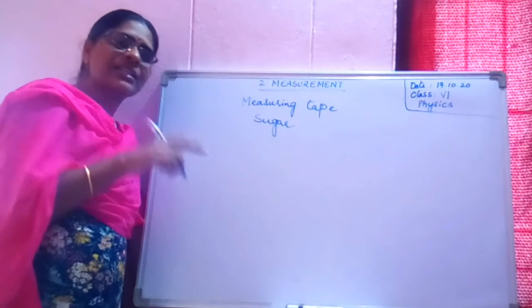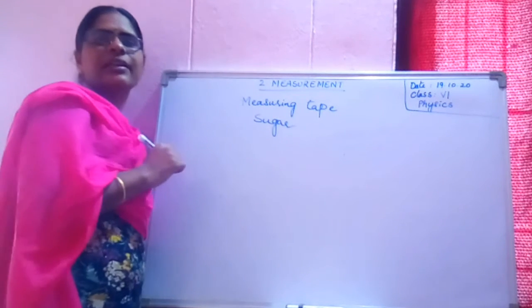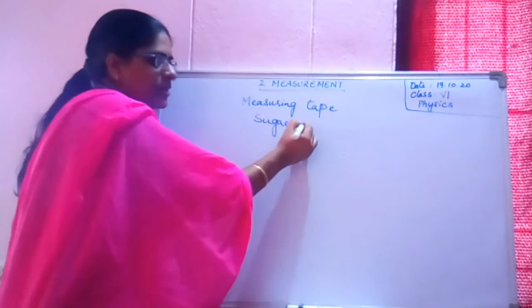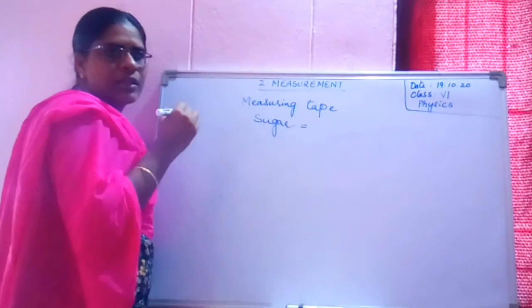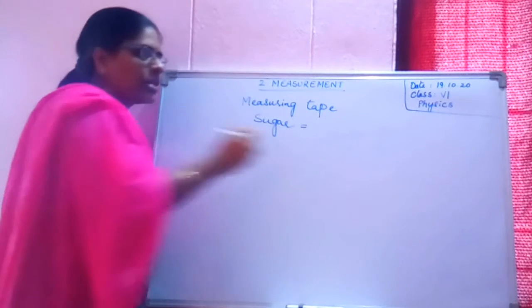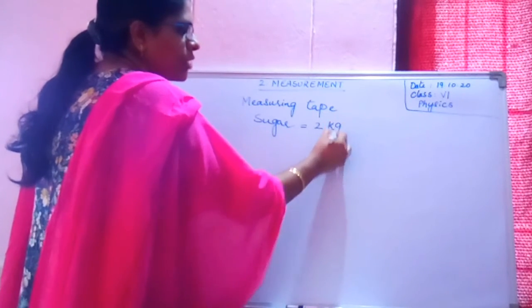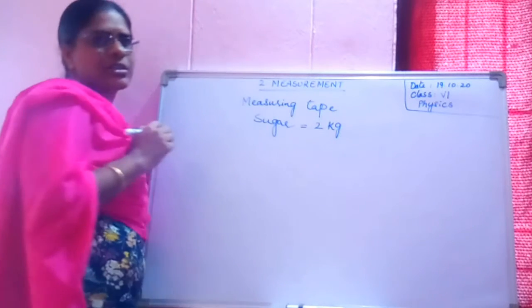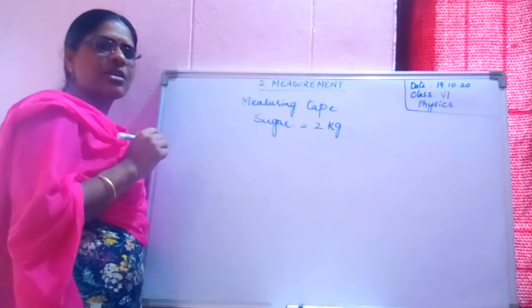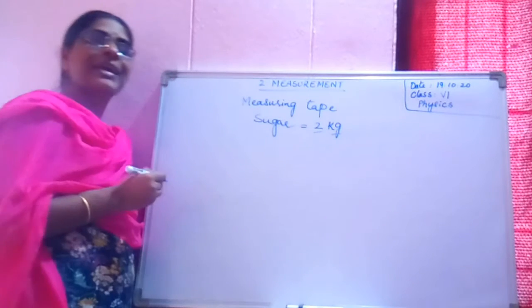Then he will ask you another question. What is that question there? A boy or a girl, how much sugar do you want? Then you may be saying, Uncle, I want either 2 kgs or 1 kg. Yes or no? Here also you are measuring.